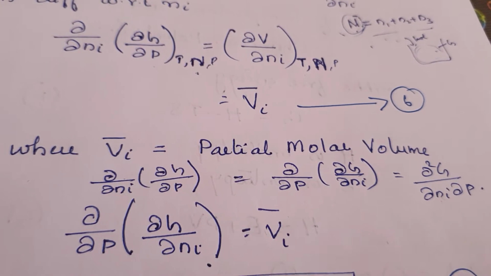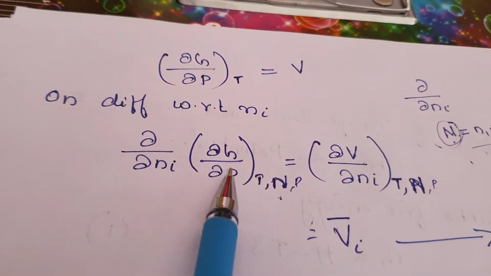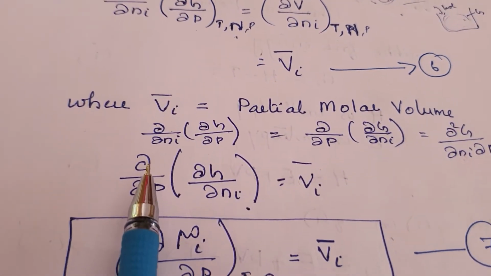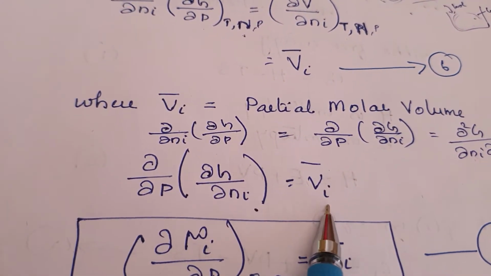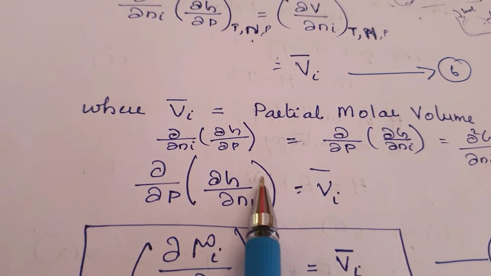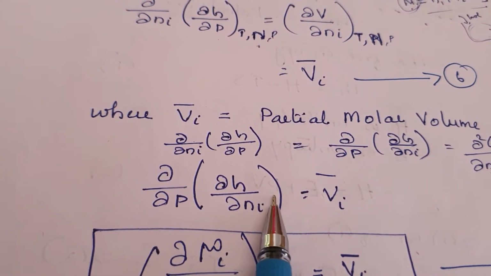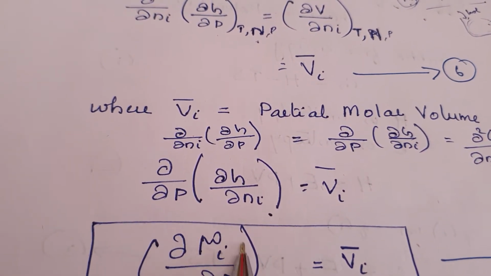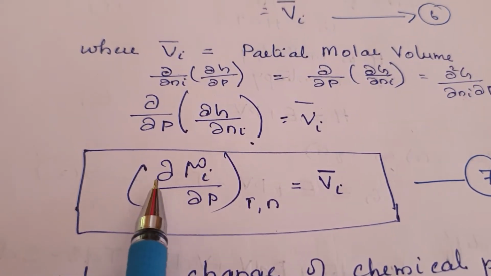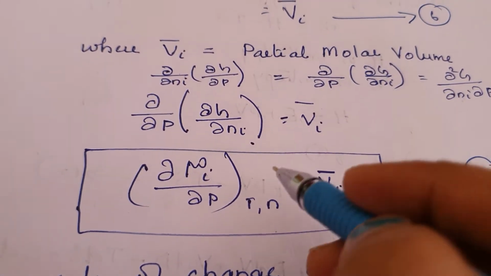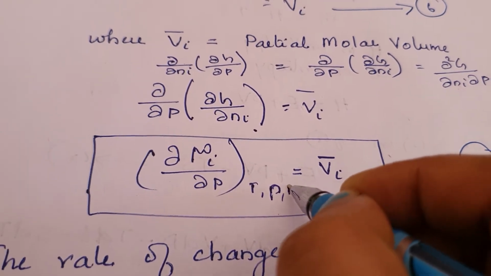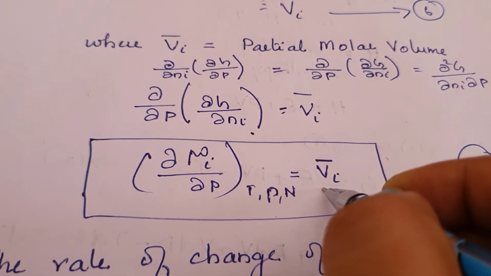Okay. So now we will rearrange this. What will it come to? Dou by dou P of dou G by dou Ni is equal to Vi bar. What is dou G by dou Ni? That is equal to mu i, the chemical potential. So the equation will become dou mu i by dou P at constant temperature and N is equal to Vi bar.